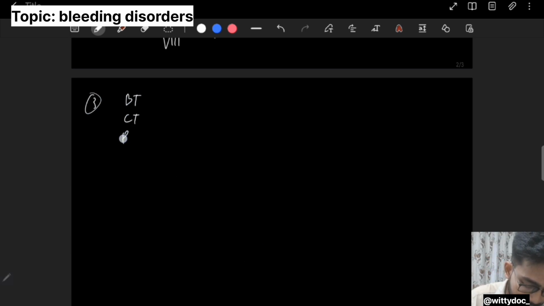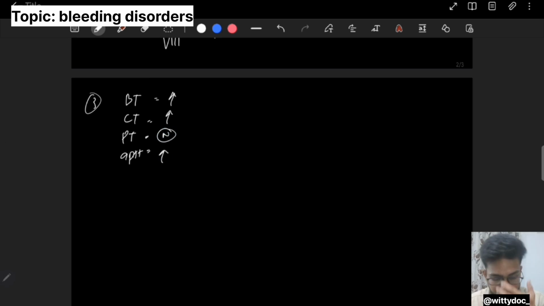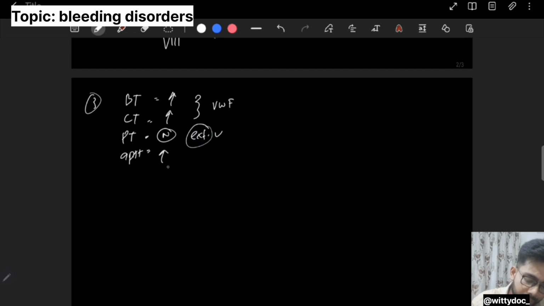BT, CT, PT and APTT. BT is elevated, CT is also elevated, PT is normal and APTT is elevated. Okay, BT is elevated and CT is elevated, which signifies there may be a von Willebrand factor defect. Since PT is normal, that means the extrinsic pathway is alright. APTT is elevated, that means an intrinsic factor may be the cause.